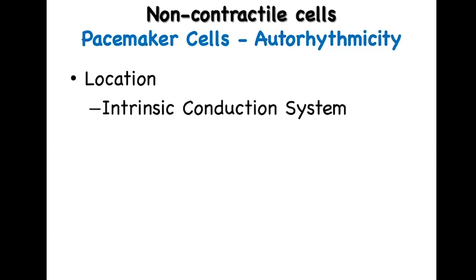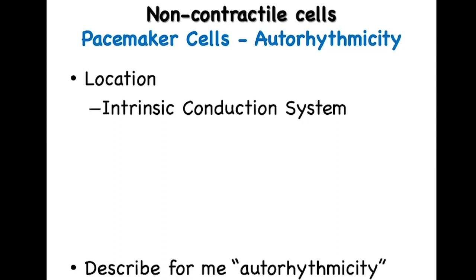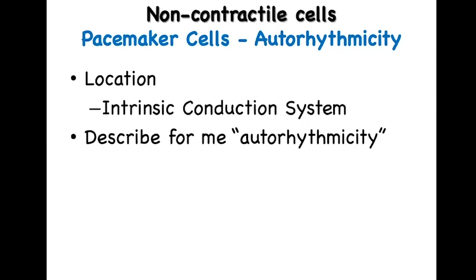Remember that skeletal muscle cells have to be innervated and stimulated by motor neurons. These pacemaker cells can generate their own action potential. They don't need help to do that, and that's the auto part. There is a rhythm. In other words, they depolarize so many times per minute, and this is the rhythmicity. So pacemaker cells have autorhythmicity, and read about this in your textbook, be able to tell me about it.